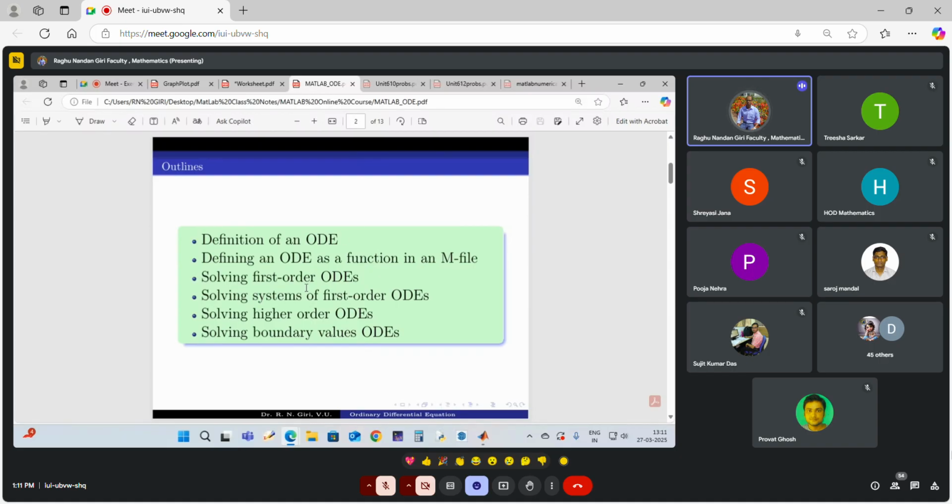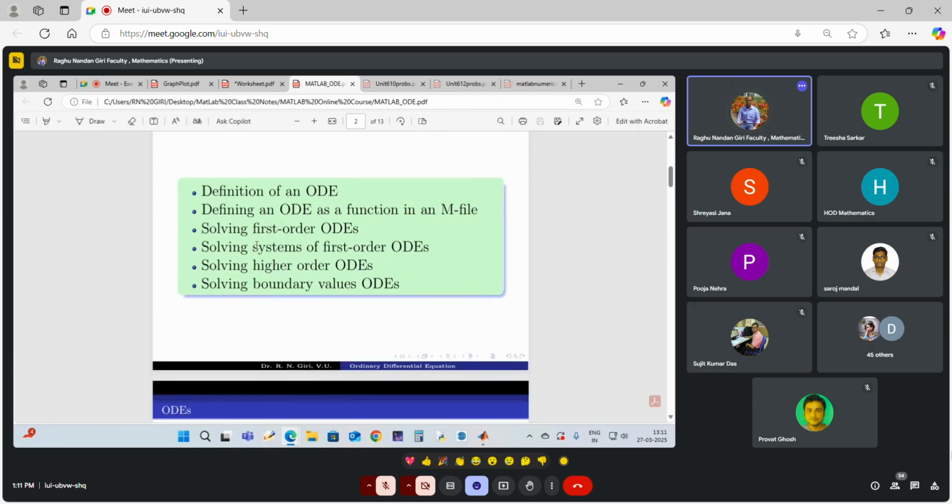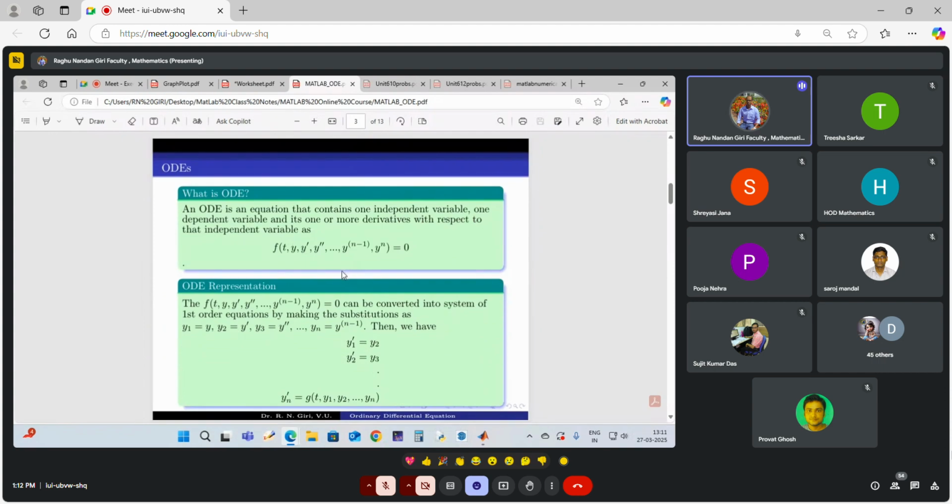In this lecture I covered the definition. I already told how to define the MATLAB function for solving the first order ODE, systems of first order ODEs, higher order ODEs, initial values, and then how to solve boundary value ODEs. So this will be covered here.